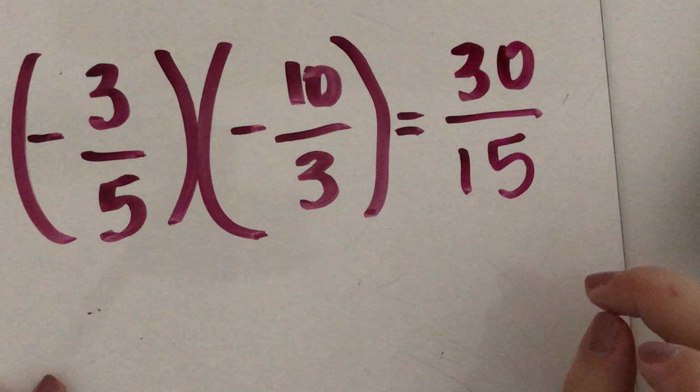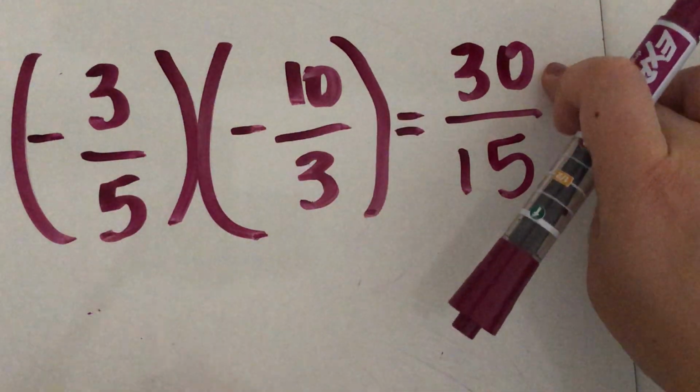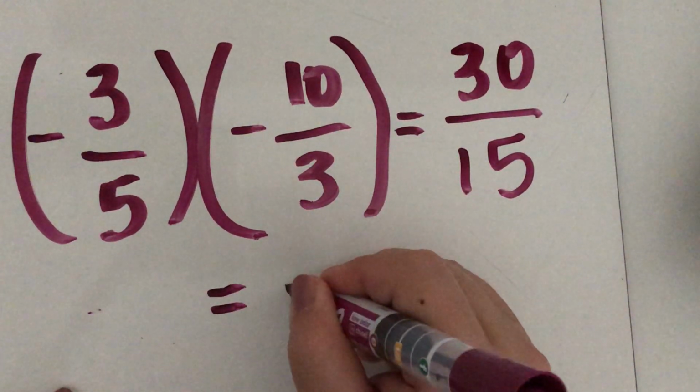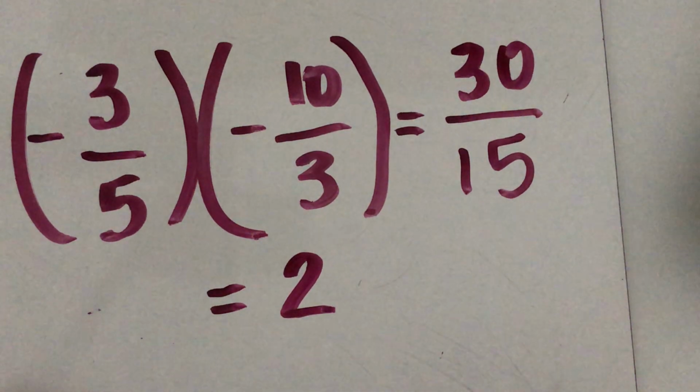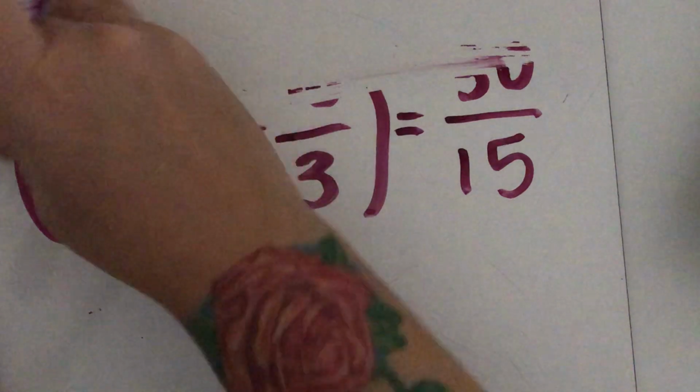That's not simplified. I know that 15 can evenly go into 30 2 times. So that means that my answer is going to come out to be 2. Remember, these are all simple enough. This is a whole review for you guys, so nothing should really be new, but it's always good to review.